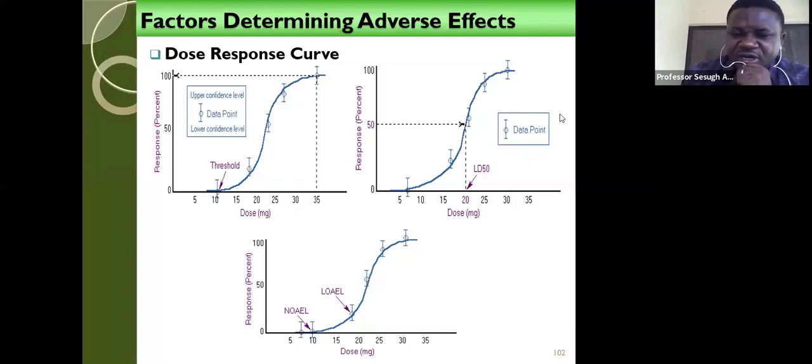Okay. Now come to the third one, the last one. You can see that we said the dosage which is administered that leads to no response is known as what?